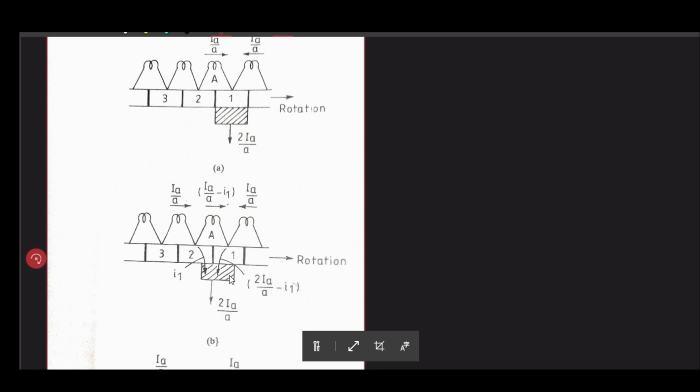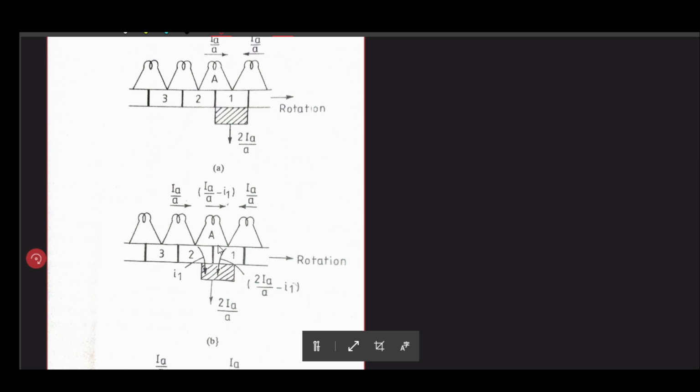Here you can see that when the brush is slightly in contact with commutator tooth 2 and mostly in touch with commutator tooth 1, every coil is carrying Ia by A except coil A. Its current is getting reduced by an amount I1, right?